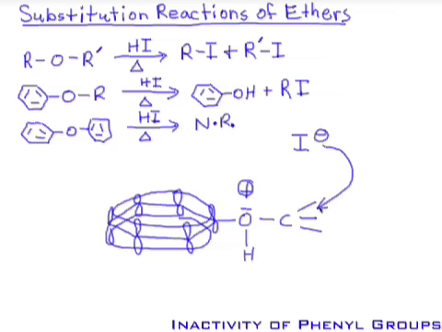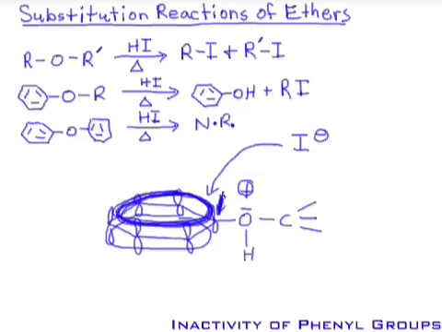and then attack. But if I minus tries in any way to attack this carbon, there's this rich pi cloud of electrons here, negatively charged, that repels the nucleophile. And the I minus nucleophile cannot attack this carbon, which it has to.